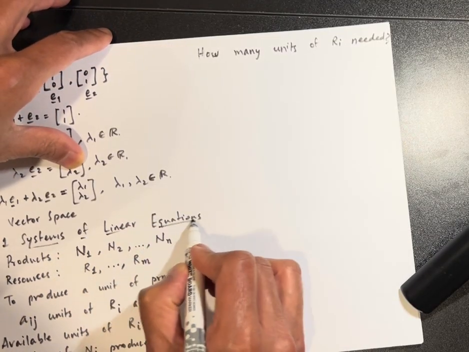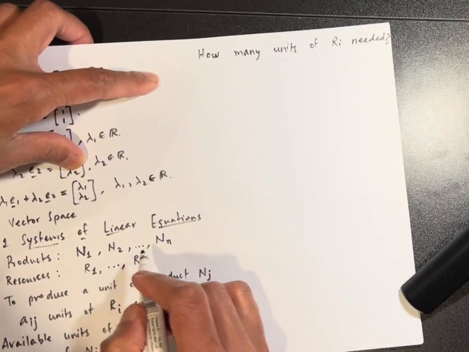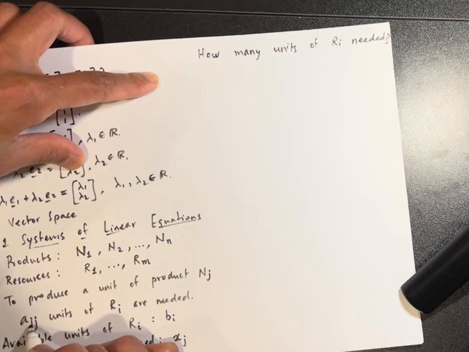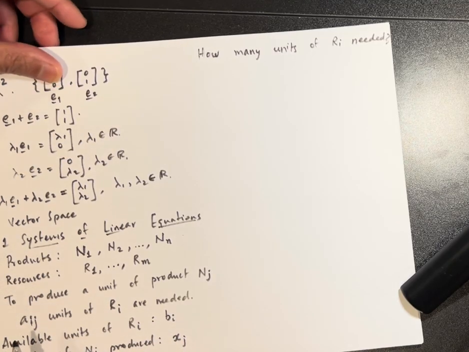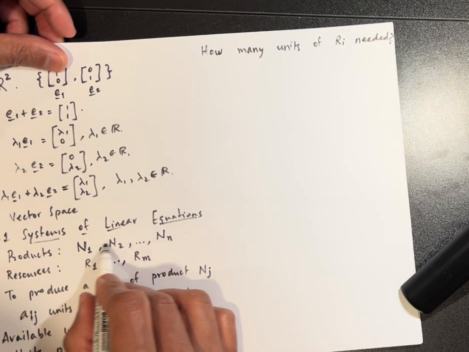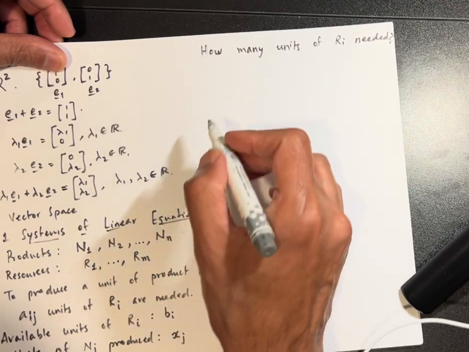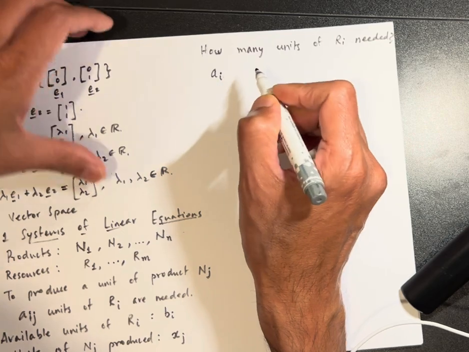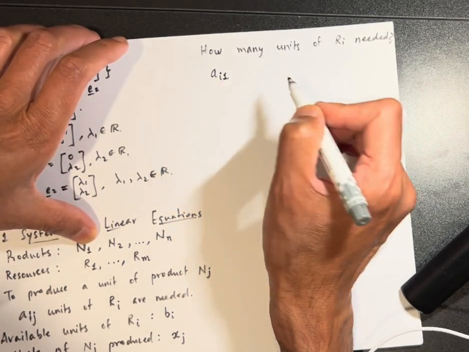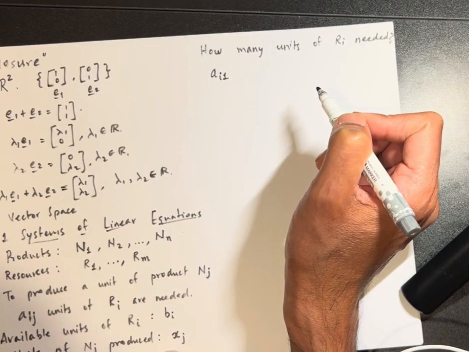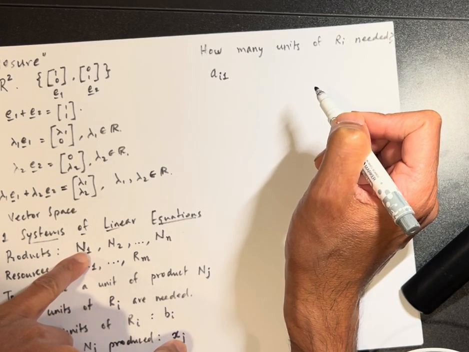If I come back here, I know the i is fixed, so that's going to be Ai, right? So this i is fixed, the Aij here, and then I'm going to add them up for all these n products. So that's going to be Ai1 times x1, since I'm making x1 units of this n1.